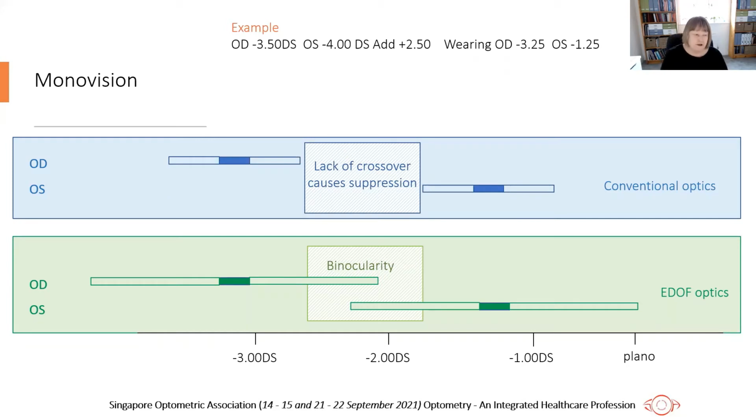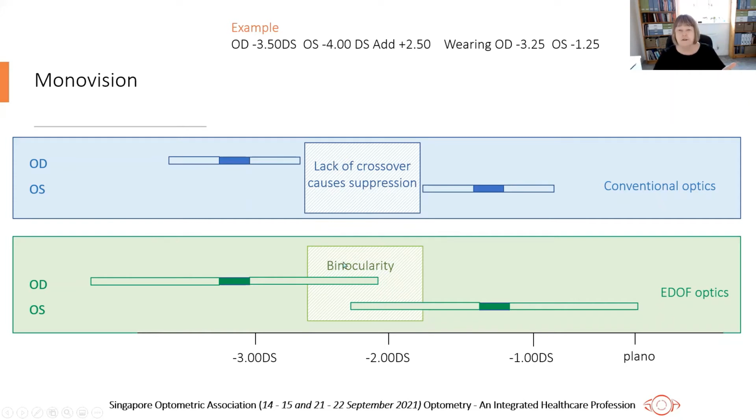Also, a special word about monovision. If you have somebody, particularly with a high add, one eye distance, one eye reading, you tend to have a lack of binocular crossover in intermediate, where it's either one or the other, and the brain tends to suppress the image it doesn't want to look at, especially if they're a very successful monovision wearer. When you're wearing extended depth of focus lenses of any type, what you tend to get is an area of binocularity, an overlap.